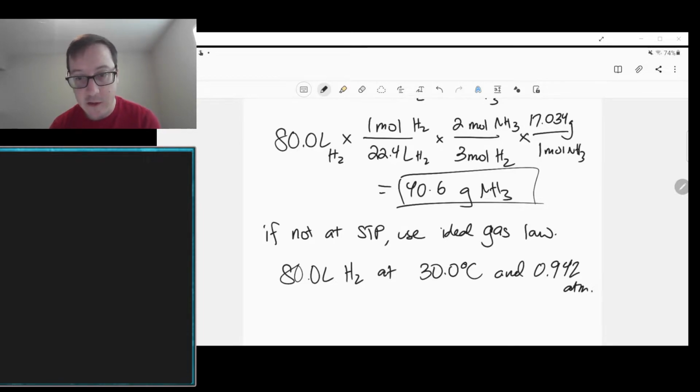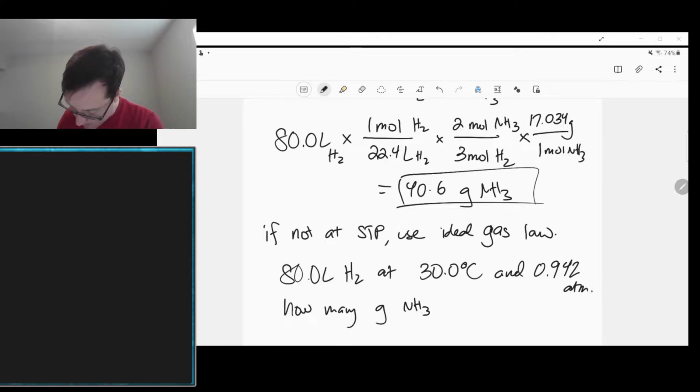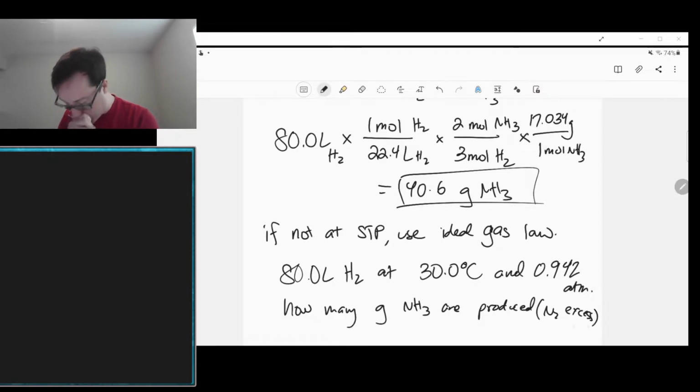So we're going to see what happens here instead. How many grams? And I'm going to again note that excess nitrogen just to make this easier for us.